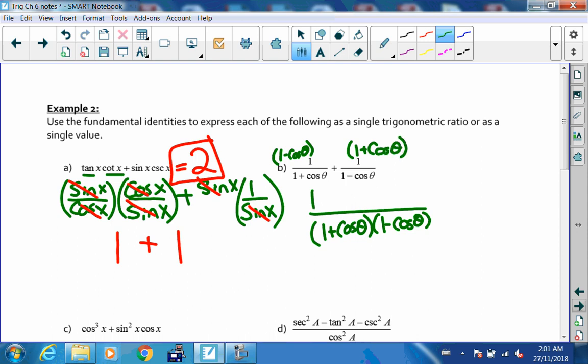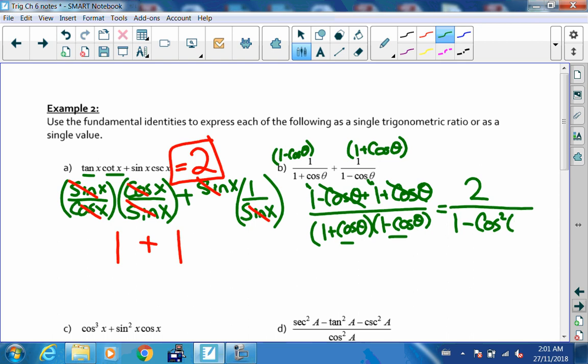So now what I've got is 1 minus cos theta plus 1 plus cos theta. And now with any luck, you can see that this negative cos theta and this positive cos theta cancel each other off. And my denominator, I'm going to multiply that back together. I'm going to expand these two things just because I see that it simplifies. So my numerator is 1 plus 1. So there's 2 in my numerator.